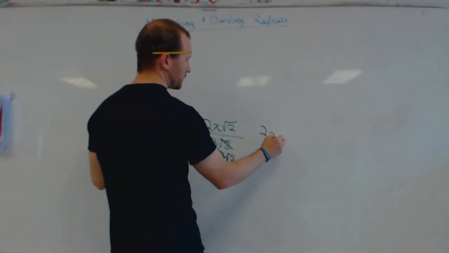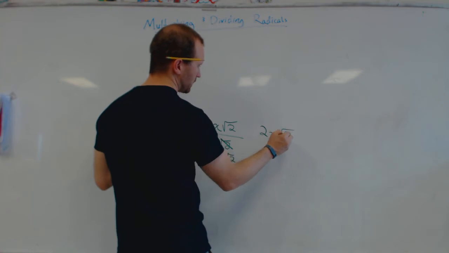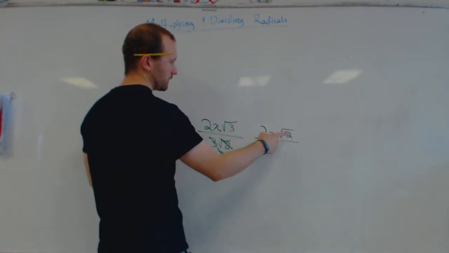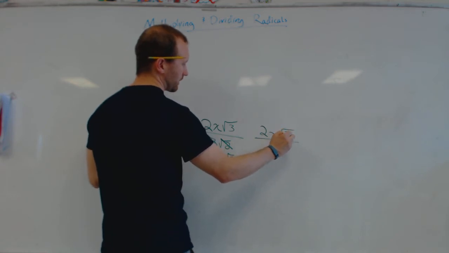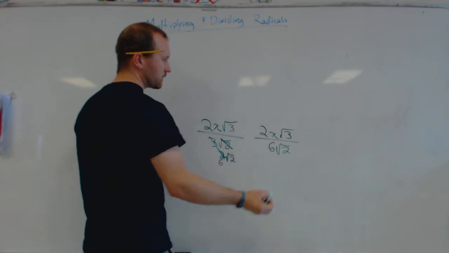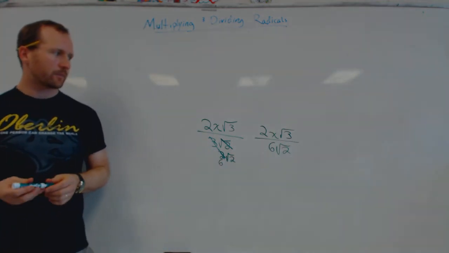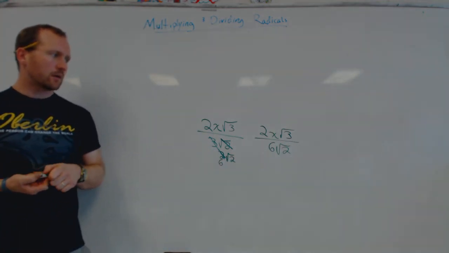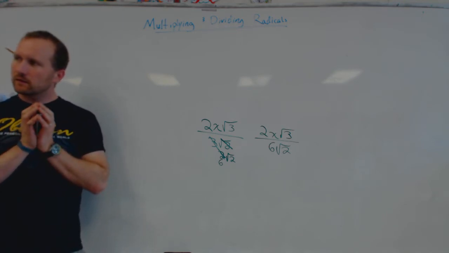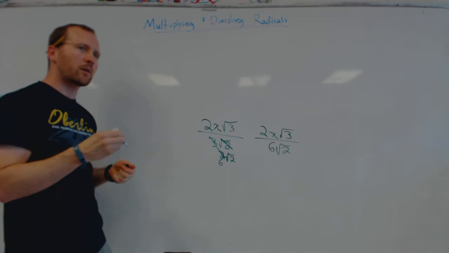So I've got 2x times the square root of 2 over 6 times the square root of 2. The only thing I really care about is which irrational number?